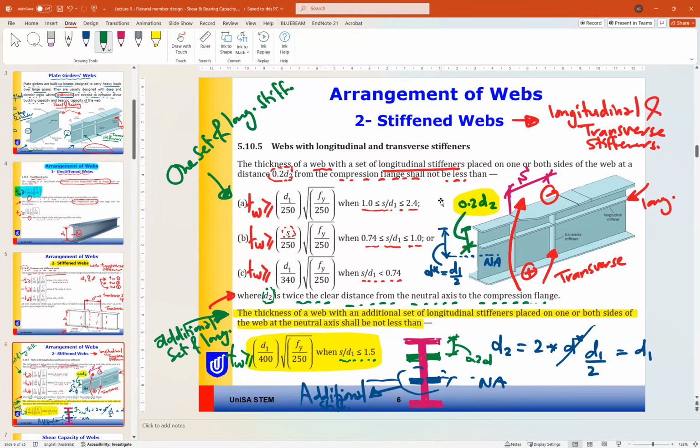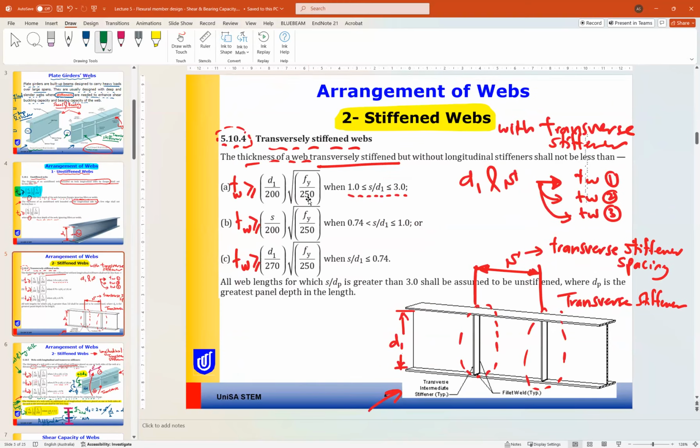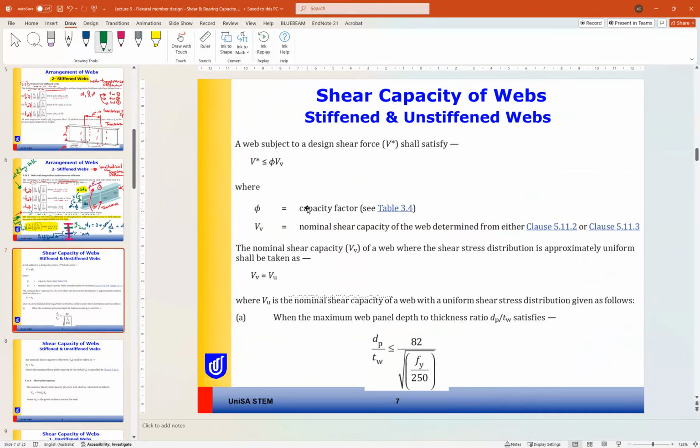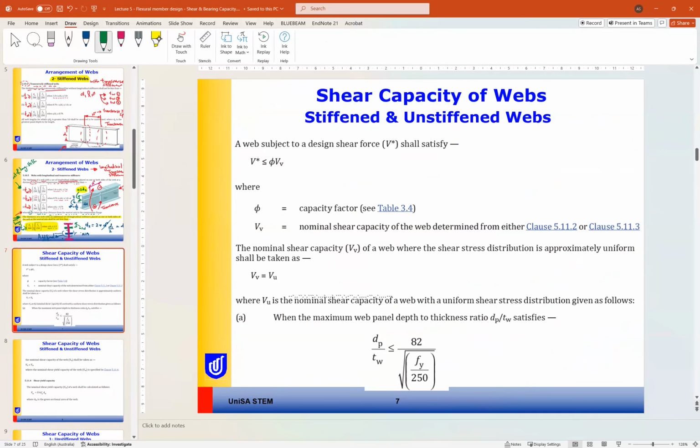Okay, so this was the arrangement of the web just to make sure the thickness of the web for unstiffened and for stiffened web follow these values. So the next topic, as we mentioned, is the shear capacity of the web.